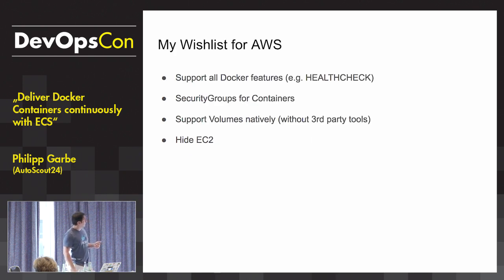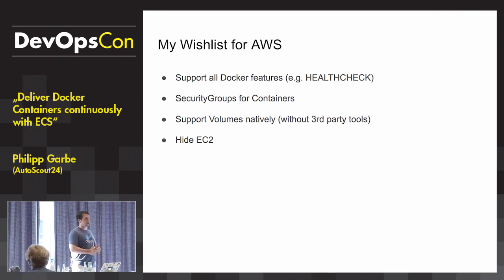There are some things that I wanted to have. Not all the current Docker features are supported. For example, the health check is not used. Of course, it doesn't matter if you have that inside your Dockerfile, but it would be nice if the health check would be used automatically also for the load balancer.